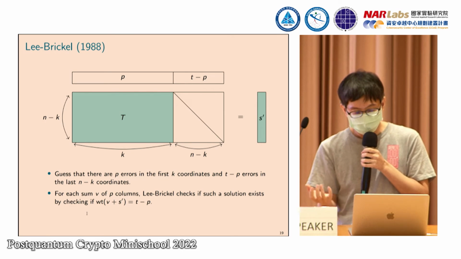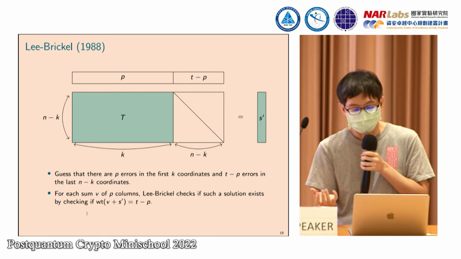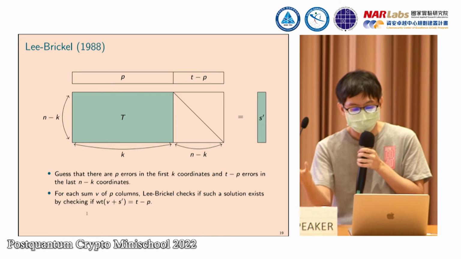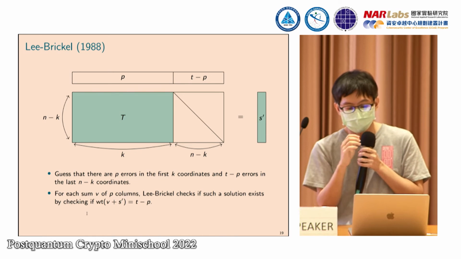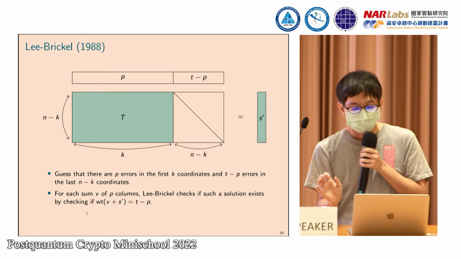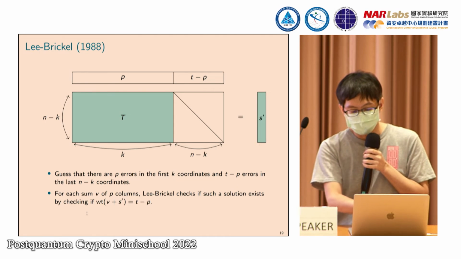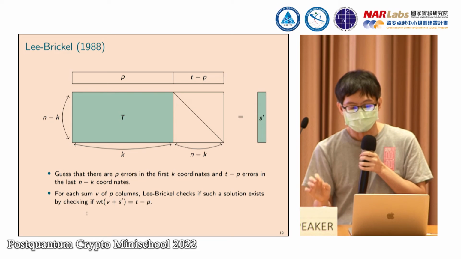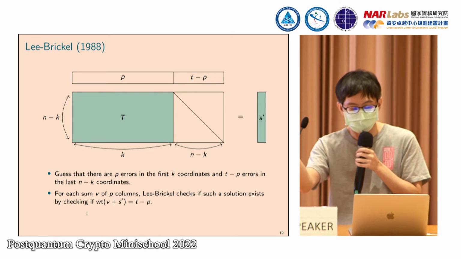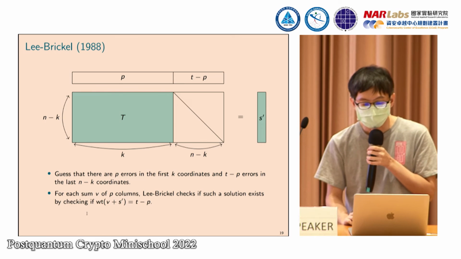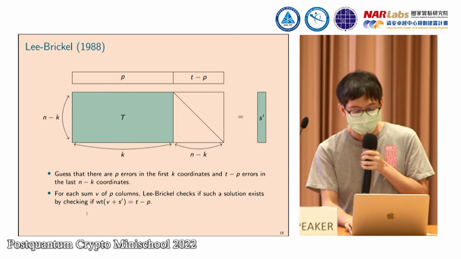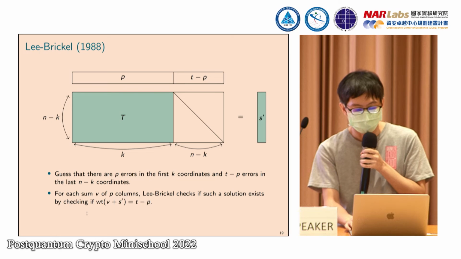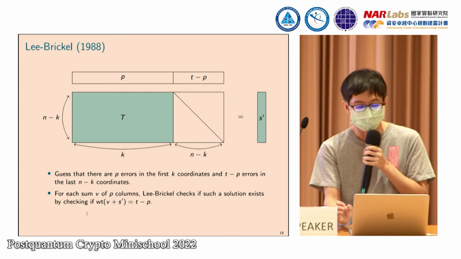If this happens, then by how you created the vector V, you know which entries in the first k entries are ones. And then with the vector V plus S prime, you can find a solution for the last n minus k entries. Okay, so this is how it works. So the concept is to increase the success probability for each iteration.